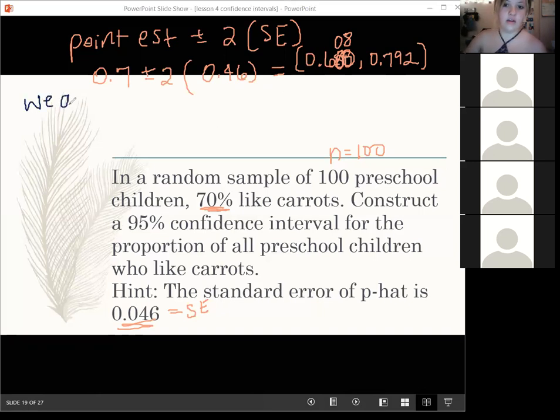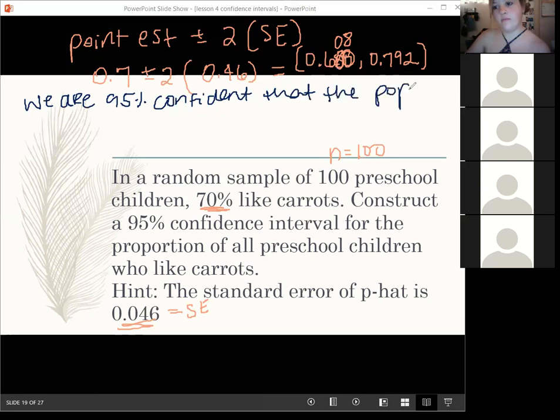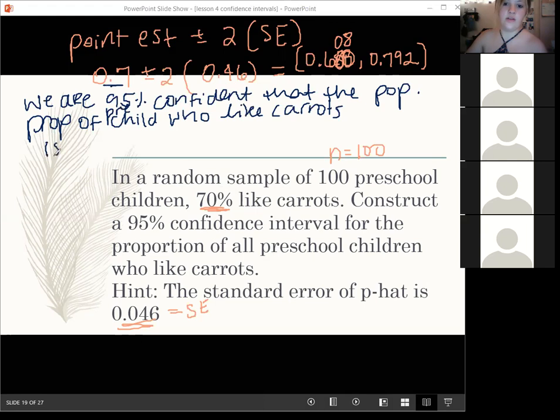So we can say we are, Penn State, just kidding, we are 95% confident that the population proportion, and you can see this is a decimal between 0 and 1, and we're talking about the percent who like carrots, so the population proportion of preschool children who like carrots is between 0.608 and 0.792.